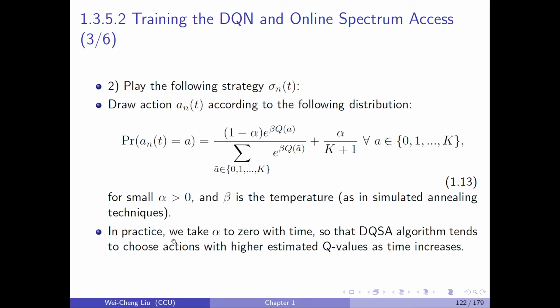In practice, we take alpha to 0 with time, so that the DQSA algorithm tends to choose actions with higher estimated Q values as time increases.